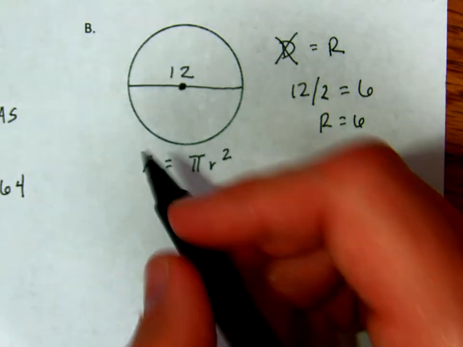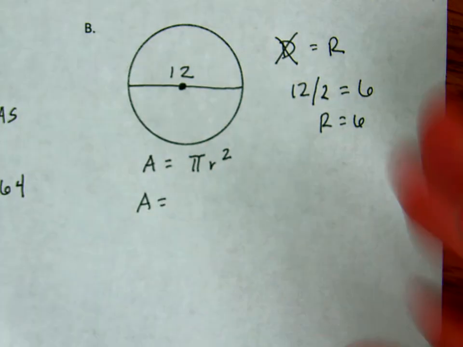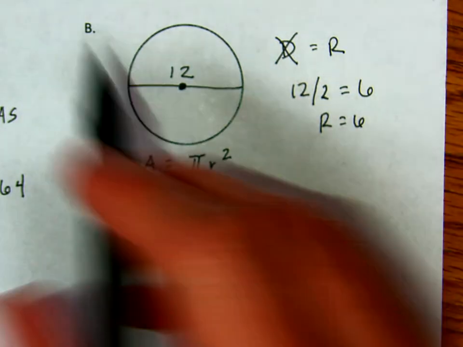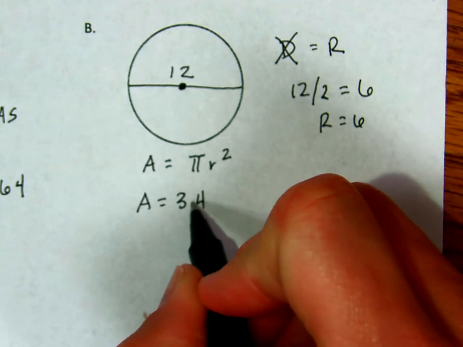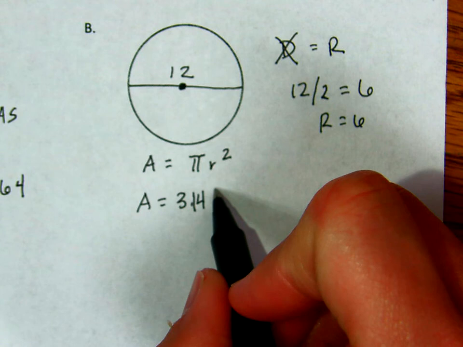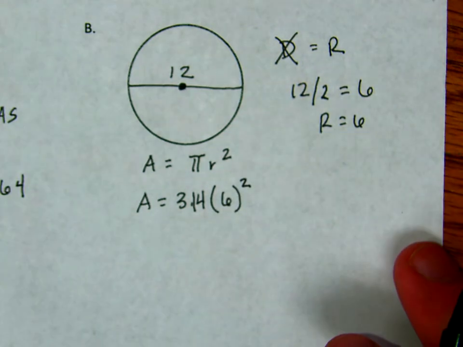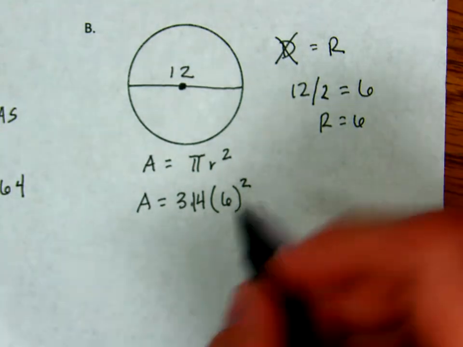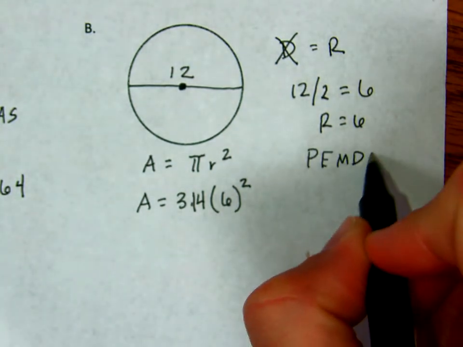So let's plug in what we know. Do we know the area yet? No, that's what we're calculating. We're using what for pi? 3.14. And our radius we just calculated is 6. And squared stays the same. Now remember PEMDAS rules? Parentheses.